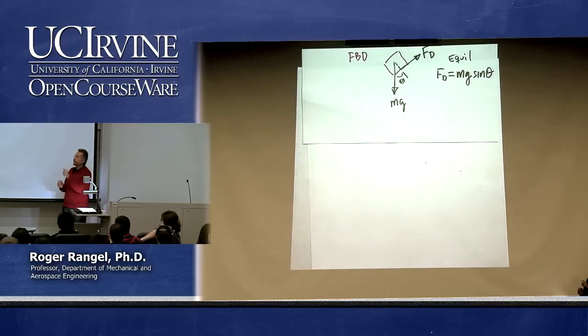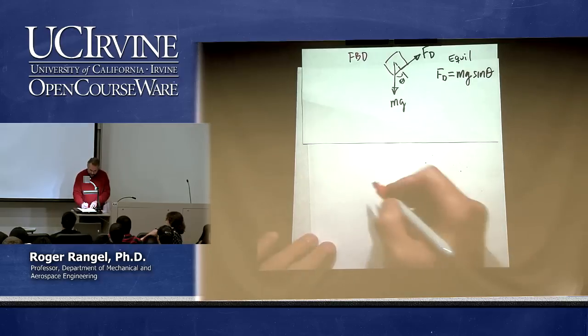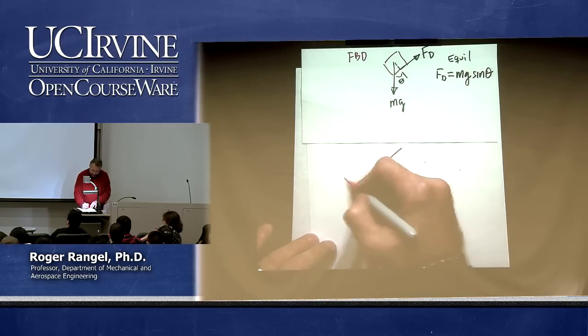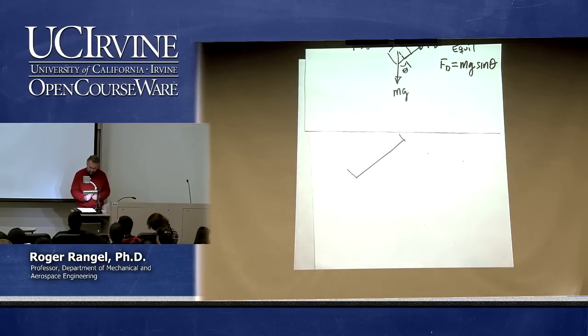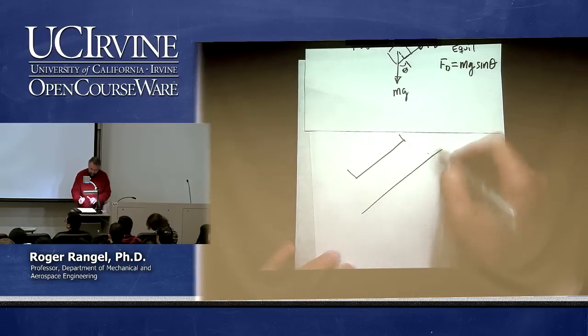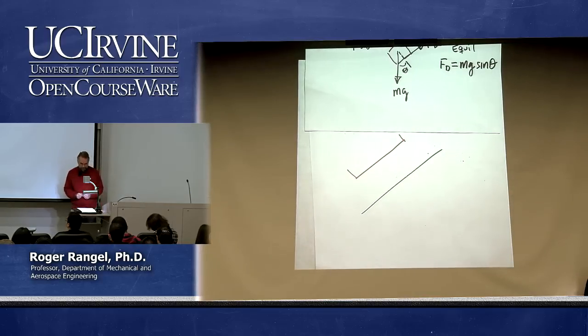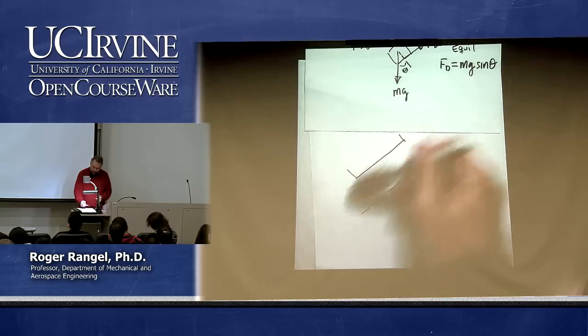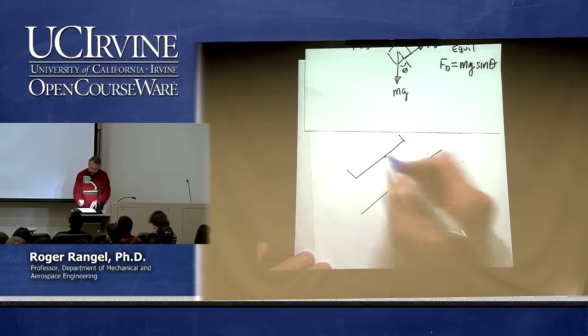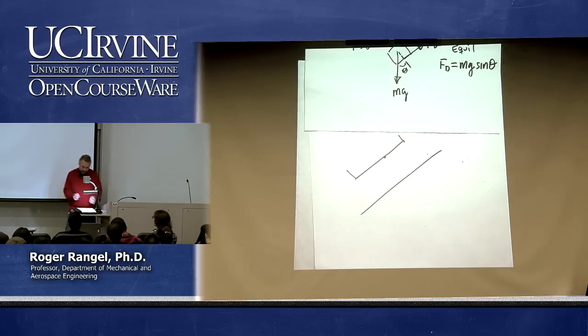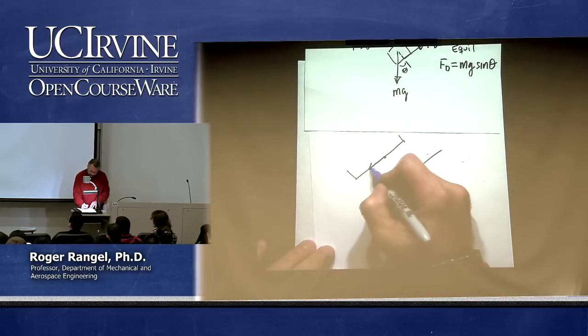Well, now I have to look at the film. So we have to zoom in under the block. So here's the block, and I'm zooming in. All right. What is the bottom of the block moving with? What velocity? What is the velocity here at the bottom of the block? It's the terminal velocity, because that's the block velocity.